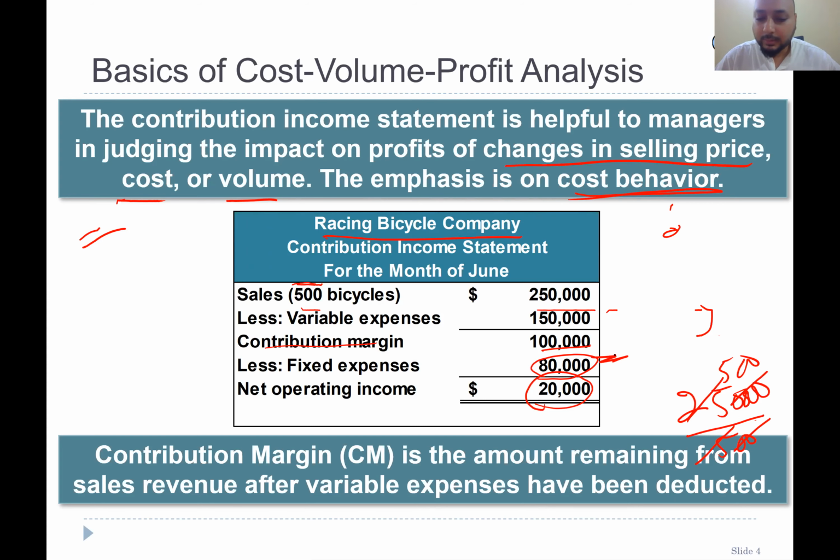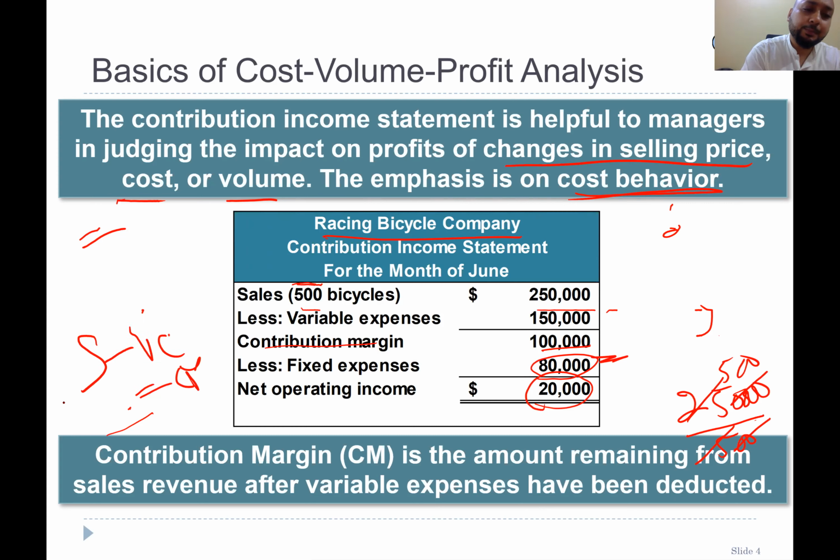Right? So the definition would be: contribution margin is the amount remaining from sales revenue after variable expenses have been deducted. In simple sense, sale minus variable cost is your CM, contribution margin.